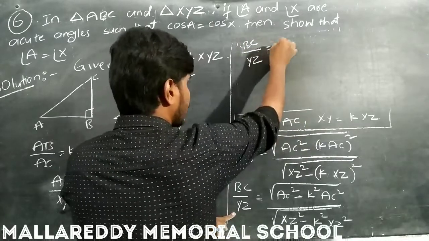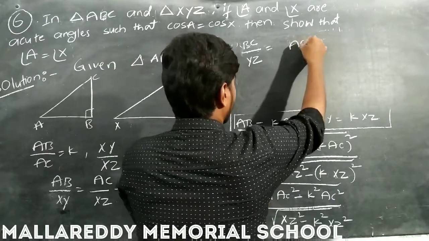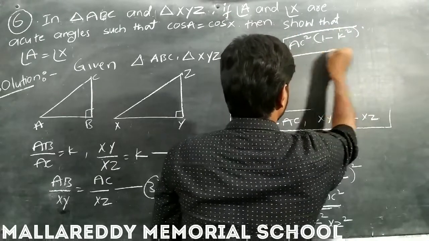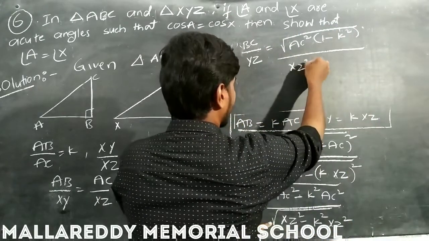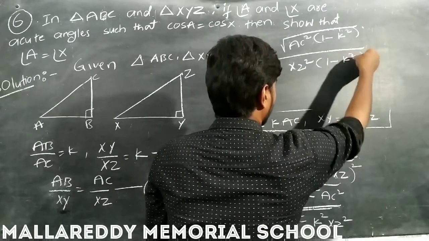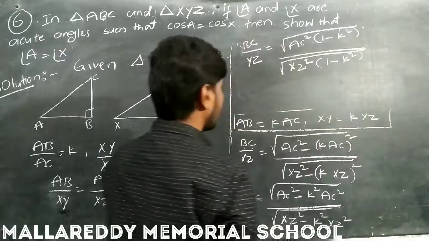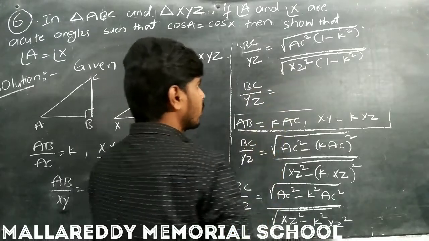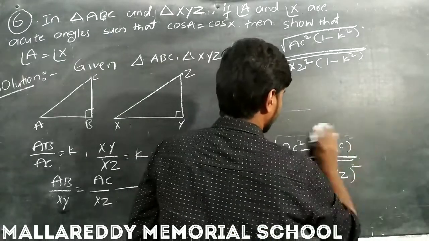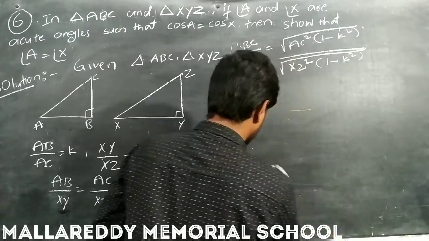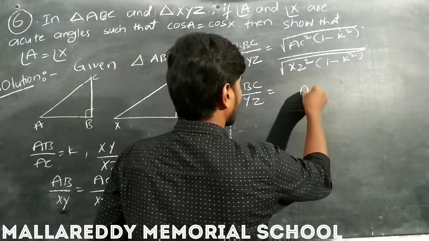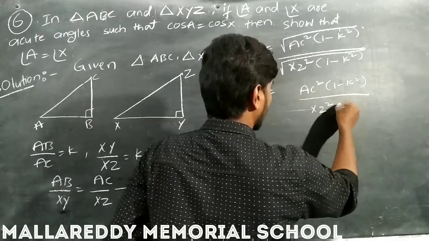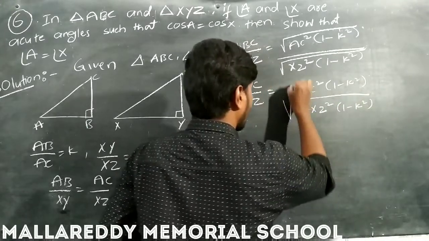BC by YZ is equal to, taking AC square common, the root of AC square into 1 minus K square, by XZ square into 1 minus K square, whole root.